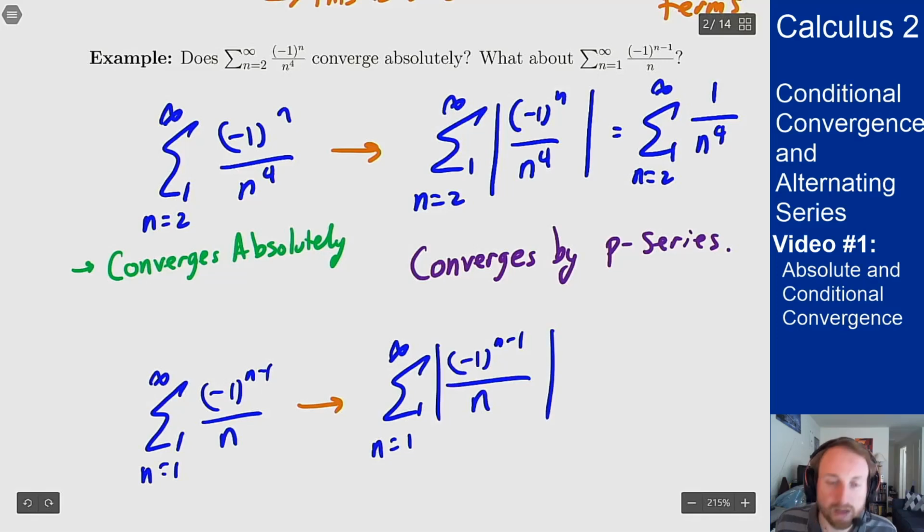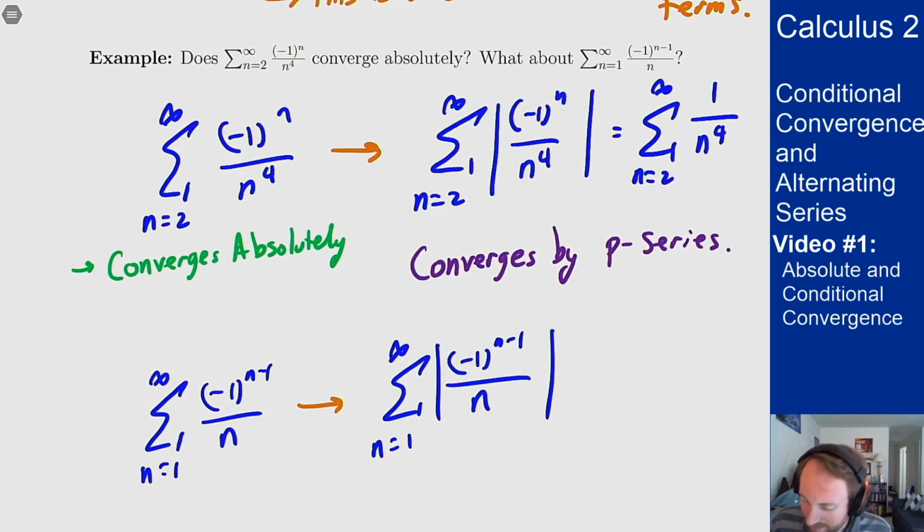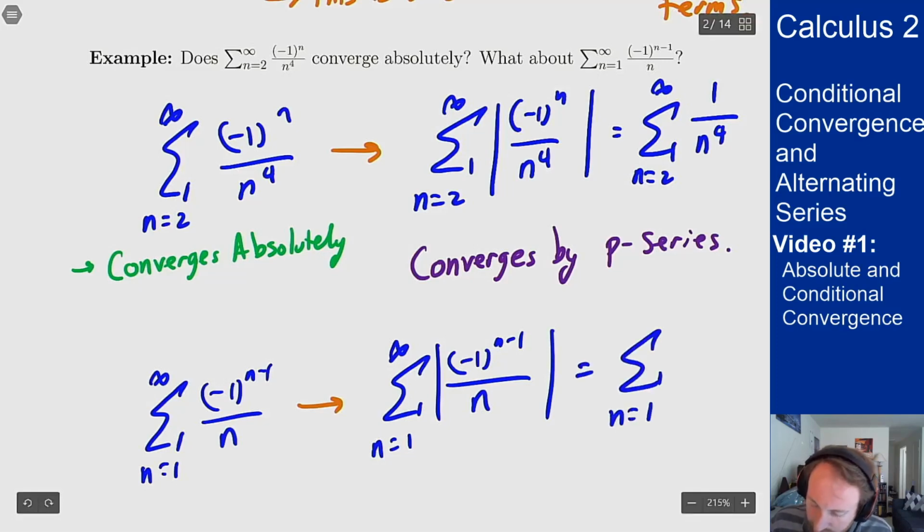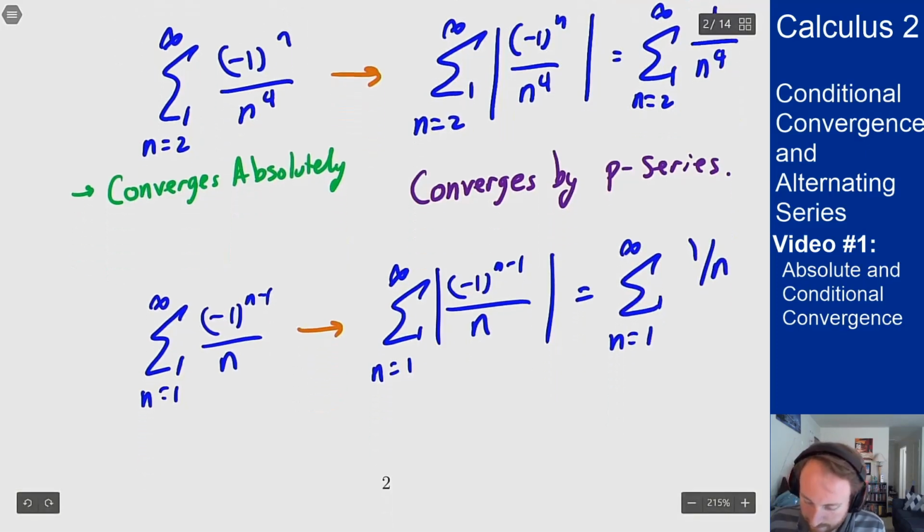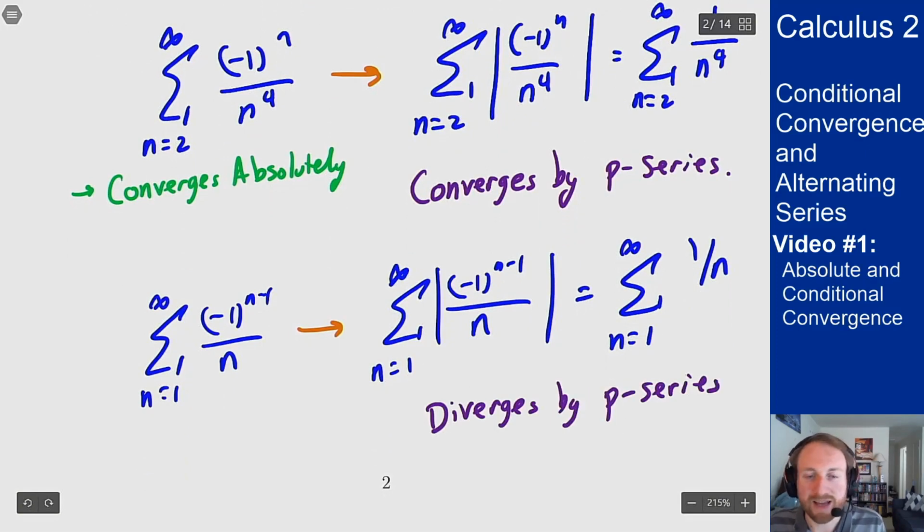Again, the absolute value gets rid of the (-1) term because it makes it all just 1, and the n is always positive, so that stays. Sum n from 1 to infinity of 1 over n, and this we know diverges by p-series. So what that means is that this original series does not converge absolutely.